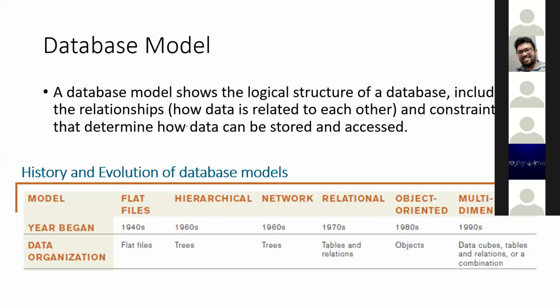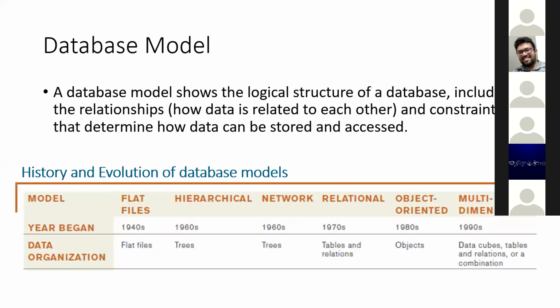Then the network database model is the next evolved model from hierarchical. Then the most commonly used database model, even today, is the relational database model. Then we have object-oriented, multidimensional. You can see the years as well, and how the data is organized.